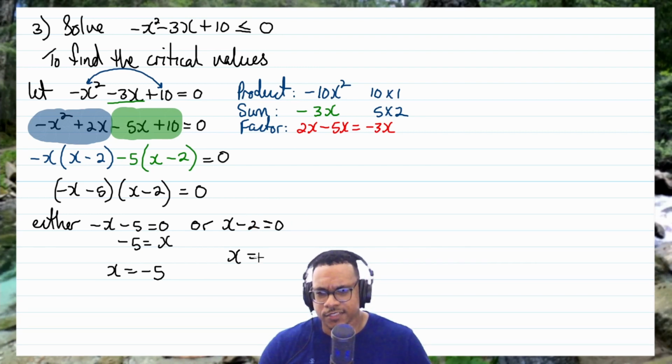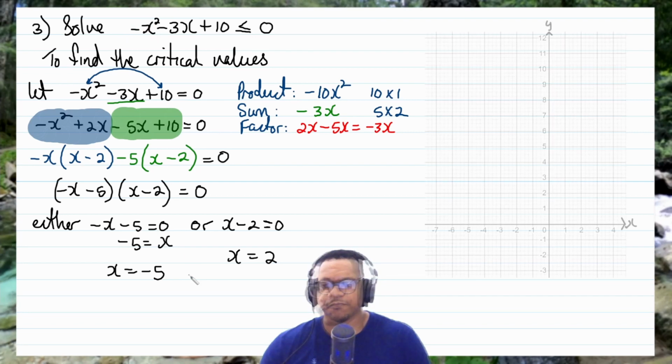So I'll have x is equal to positive 2. So x equal to negative 5 and x equal to positive 2 would be my x-intercepts on the quadratic curve. And this constant positive 10 would be my y-intercept. And again, the coefficient of x squared is negative, so the curve would be a maximum curve.